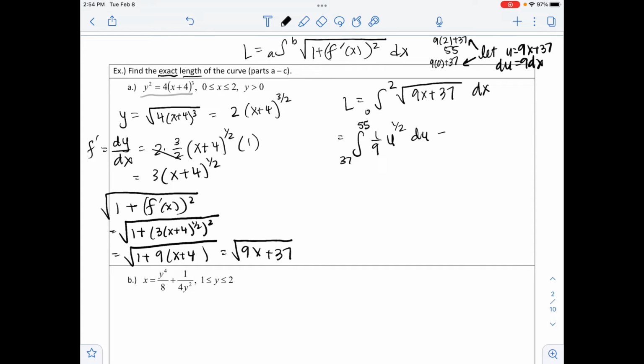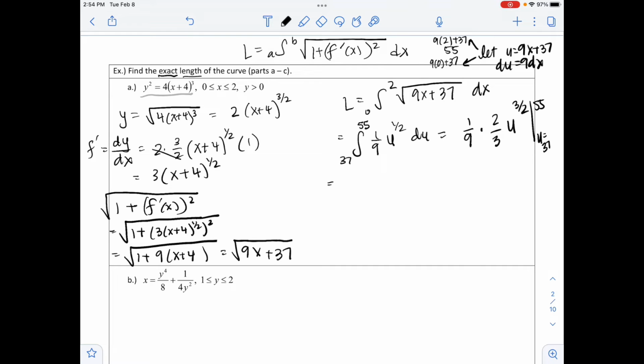So from here, we can easily integrate this. We have 1/9 times, adding 1 to our exponent, we get 3 over 2. Multiply by that reciprocal, and evaluating this from u equals 37 to 55.